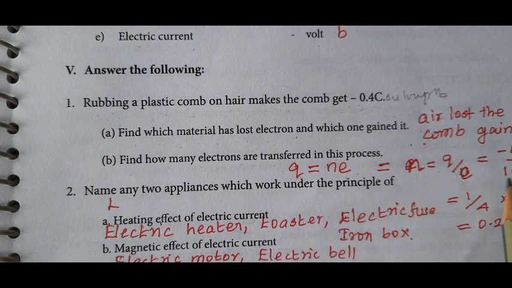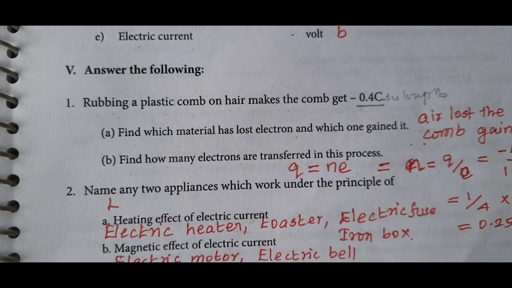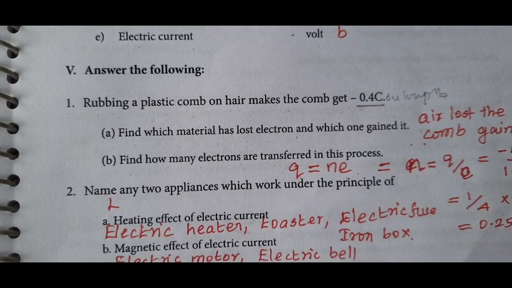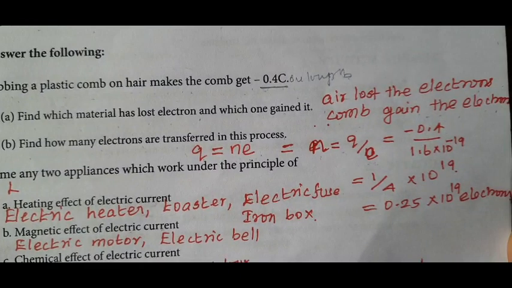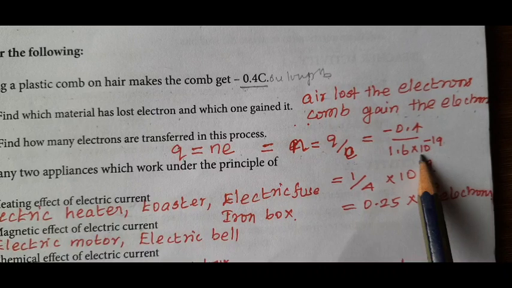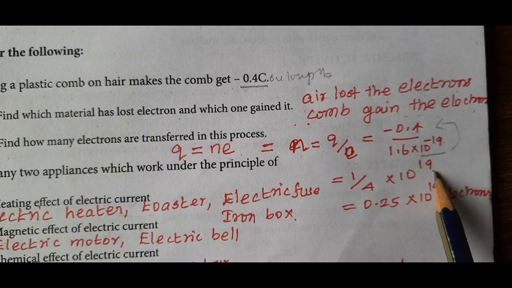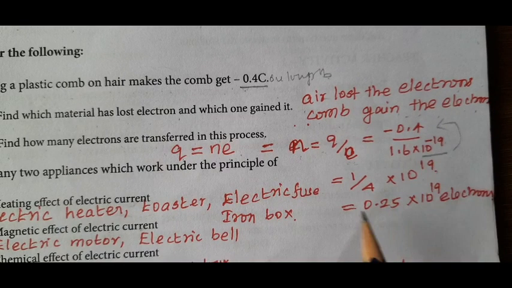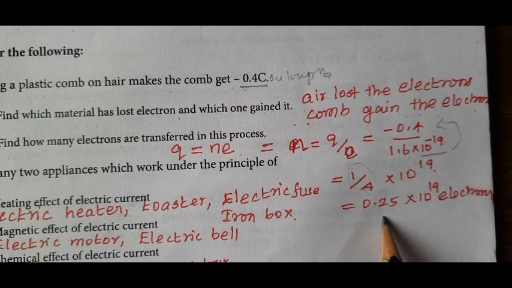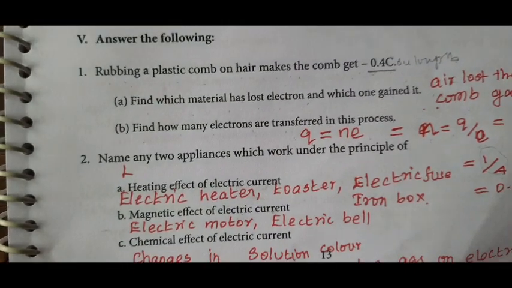Charge is minus 0.4 Coulomb, divided by the charge of an electron, 1.6 into 10 power minus 19. The 10 power minus 19 moves to the numerator as 10 power 19. So minus 0.4 divided by 1.6, around 1 divided by 4, which means 0.25 into 10 power 19 electrons. So this is the answer for the B option.